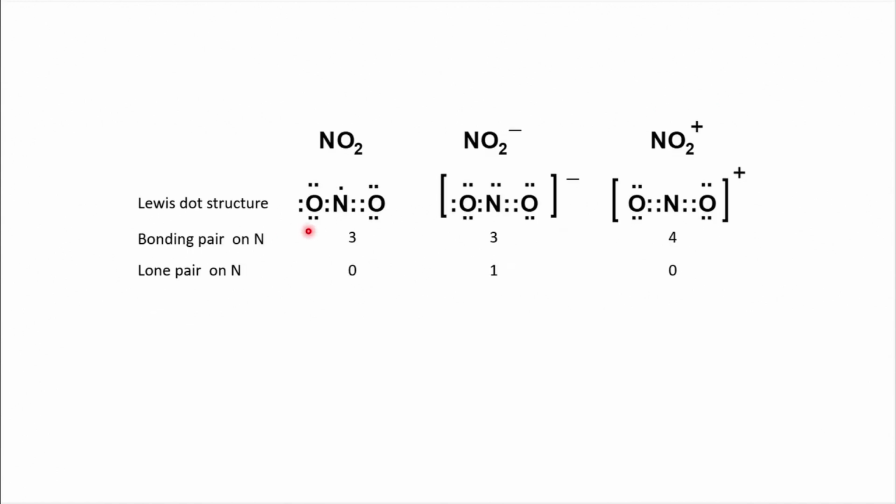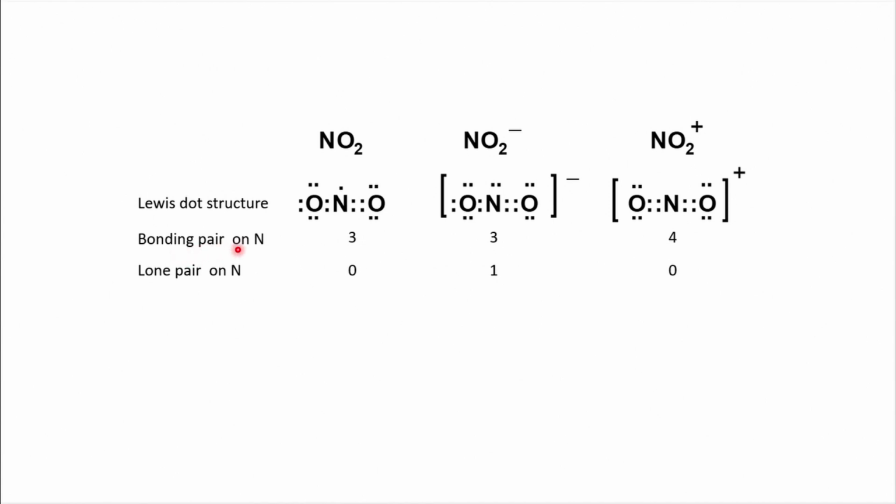Now we have written the Lewis dot structure here. NO2 is written here as shown because the nitrogen is having one odd electron, and in the case of NO2 minus we have the nitrogen with the octet configuration, and in the case of NO2 plus the nitrogen is also having octet configuration. So these are the different structures for the three species.